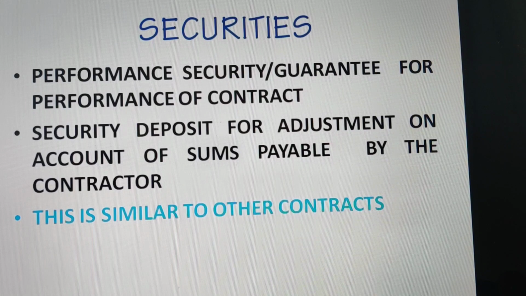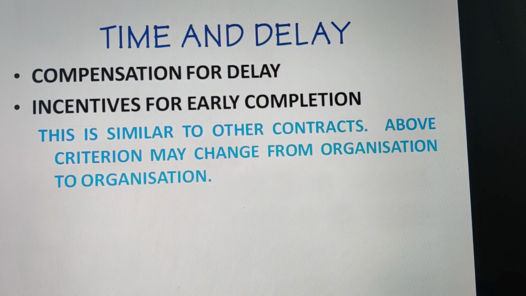One is security deposit and another is performance security or performance guarantee or bid security. Now bid security or performance guarantee will be part of conditions in EPC contract also. Security deposit will also be deducted for adjustment on account of sums payable by the contractor. Thus this provision is similar to other contracts.